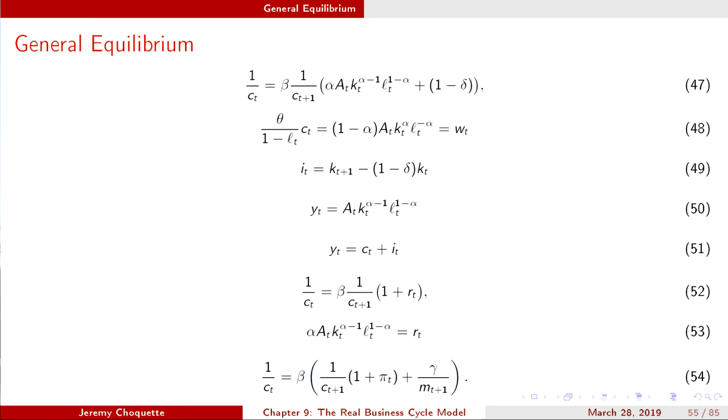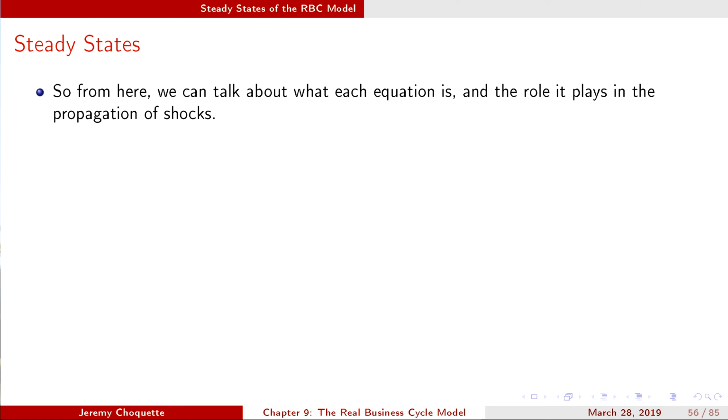And finally, we have our money demand equation, which is really expressed through the Euler equation for money. So from here, we can talk about what each equation is and the role that it plays in how shocks will propagate, or carry through the system.